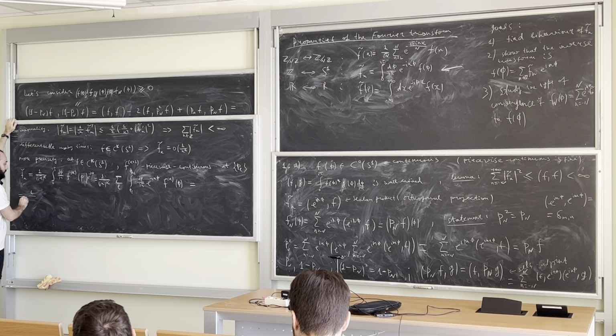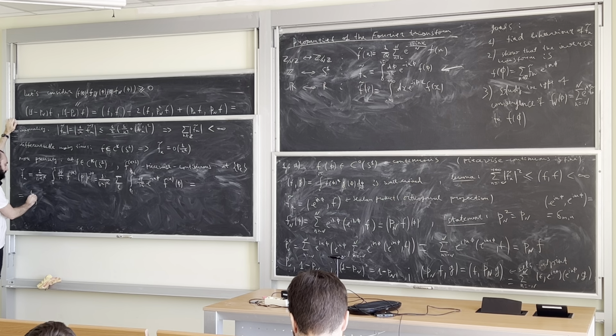So we have 1 over (i n) to the k plus 1. There's some minus 1.